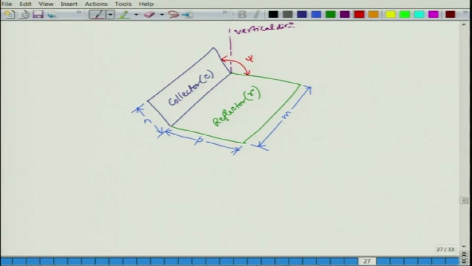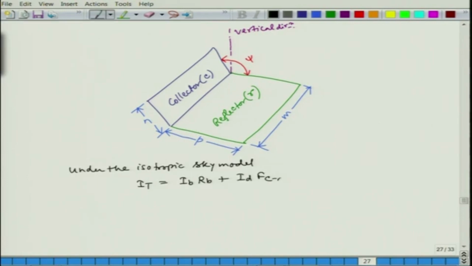So, if this is the dimension, then under the isotropic sky model, which is the simplest one, what we have seen, that IT can be written as IB RB plus ID FCS, which is the view factor from the collector to the sky, plus IR rho r, this is from the reflector, right, plus I rho g FCG. Okay.